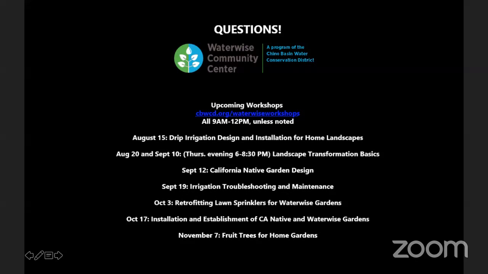Then October 3rd is Retrofitting Lawn Sprinklers for Waterwise Gardens. If you are thinking about turf removal or just redoing your front lawn or backyard, it's a great class on how to change your irrigation system to meet those demands. October 17th is Installation and Establishment of California Native and Waterwise Gardens. Then November 7th is Fruit Trees for Home Gardens.